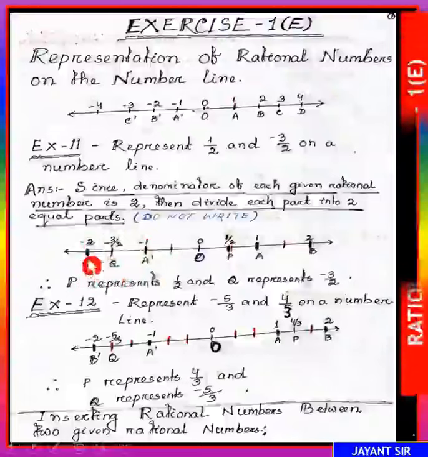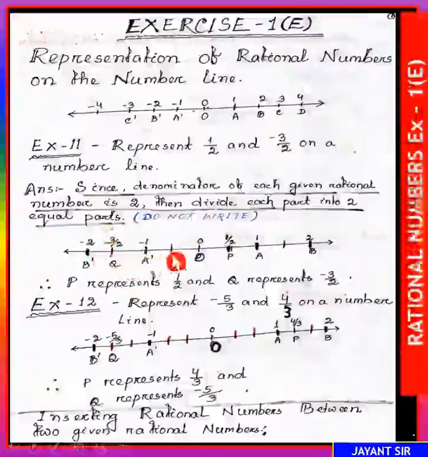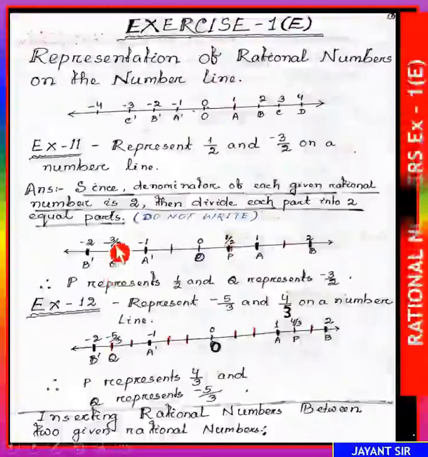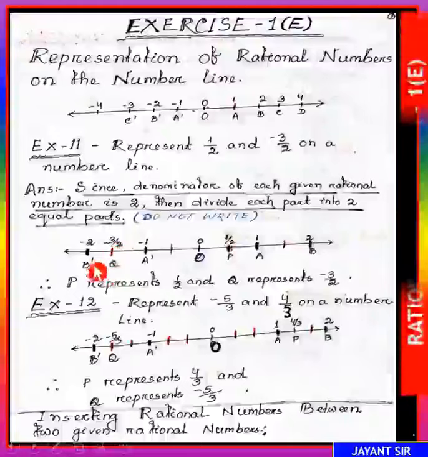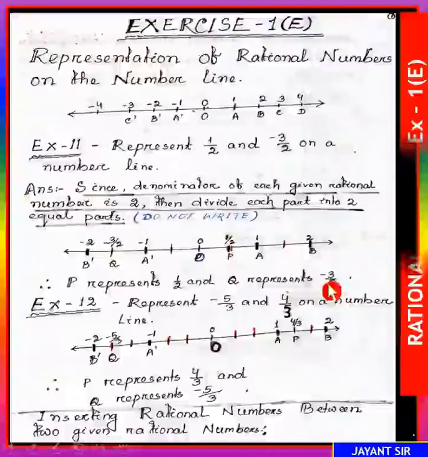Here also reducing, -2 is coming. But the question asks us to represent -3/2, so I mark a point Q and write here -3/2. Therefore, P represents 1/2 and Q represents -3/2.